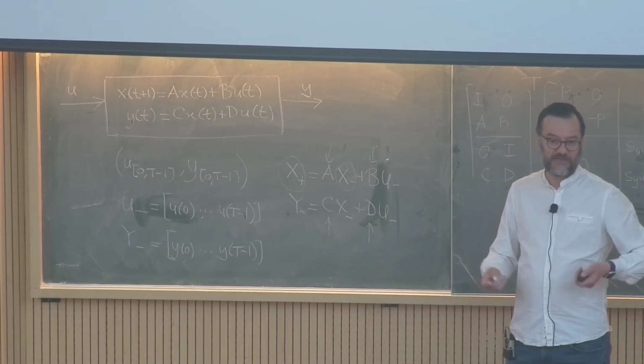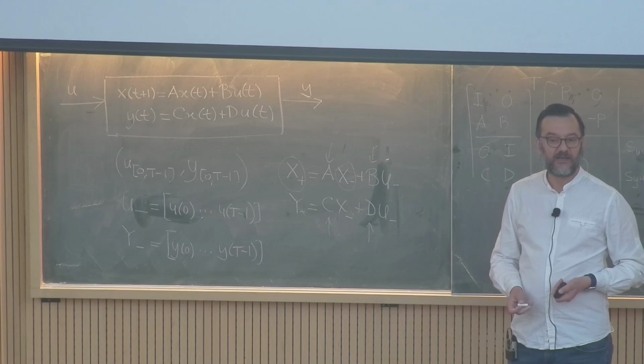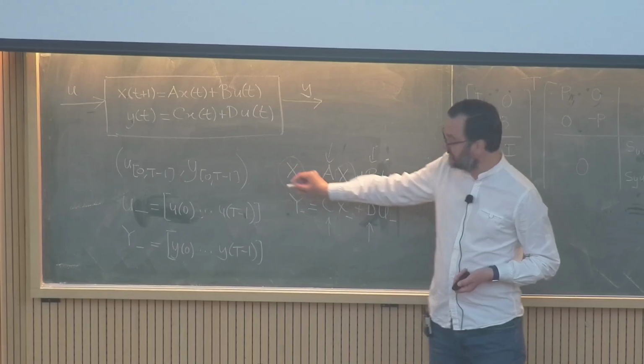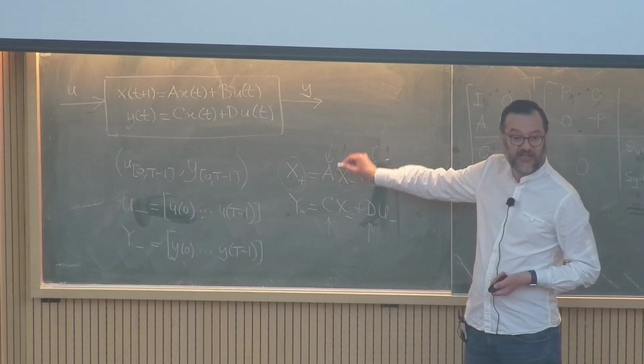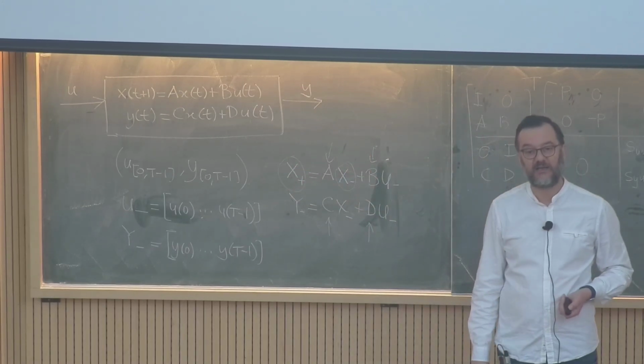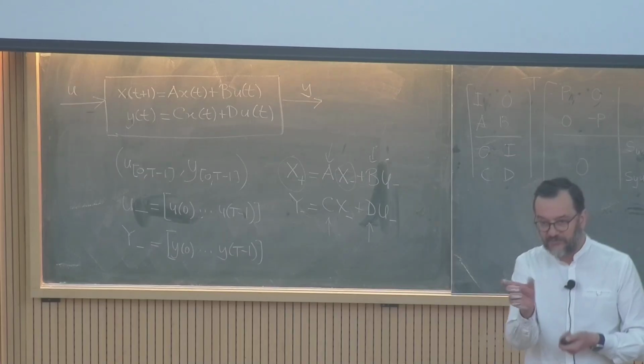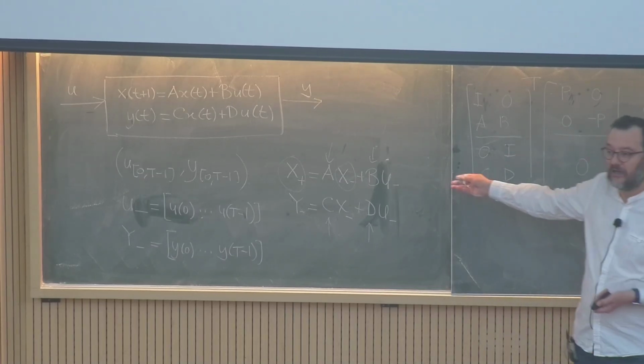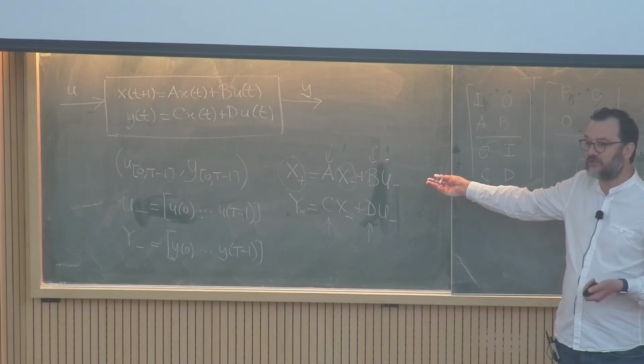They are not completely arbitrary. The first column here in X plus is the second column here in X minus. There is a shift property. But this is not a linear equation. You cannot solve it.